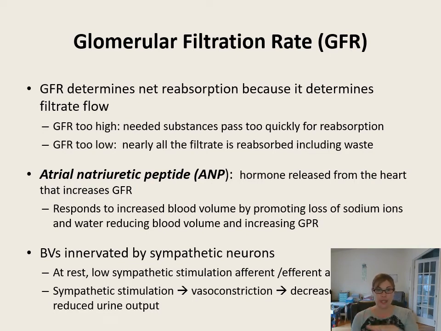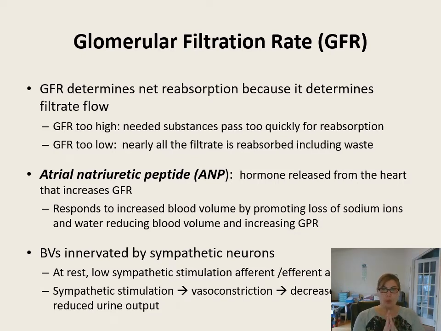So that's not good. If it's too low, we end up reabsorbing way too much stuff. It's like a conveyor belt. It has to be going at the right speed for all of these things to happen in order, appropriately. So it has to be modified and maintained constantly. It has to be very precise.